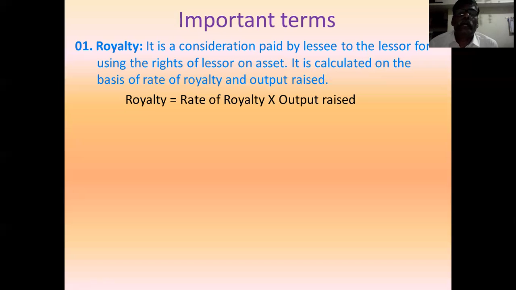Like this, you have to calculate the amount of royalty. So royalty is calculated on the basis of benefit derived. And this rate of royalty is fixed at the time of agreement between the lessor and lessee regarding the lease. This is the point you remember.